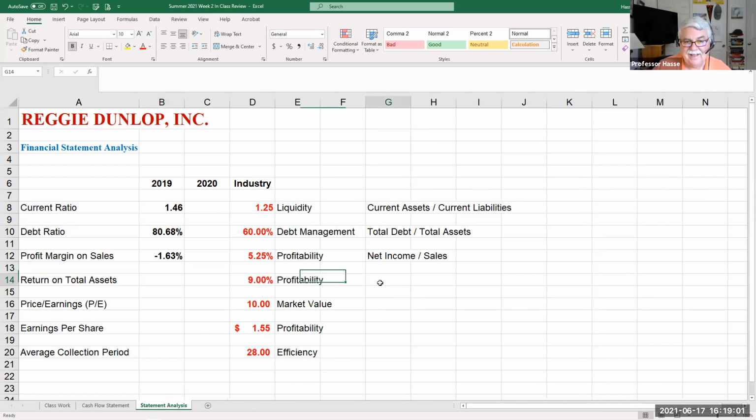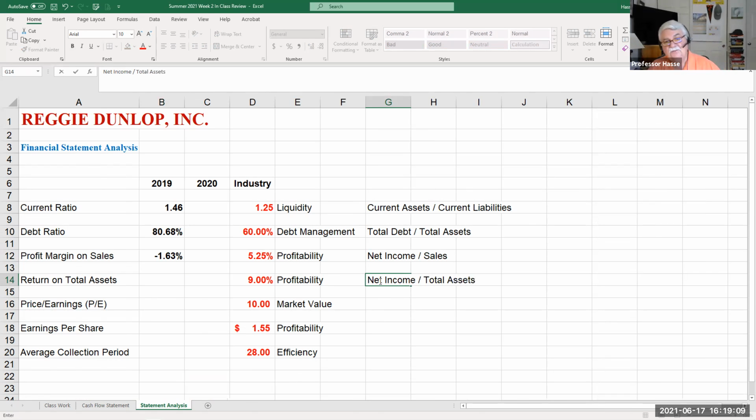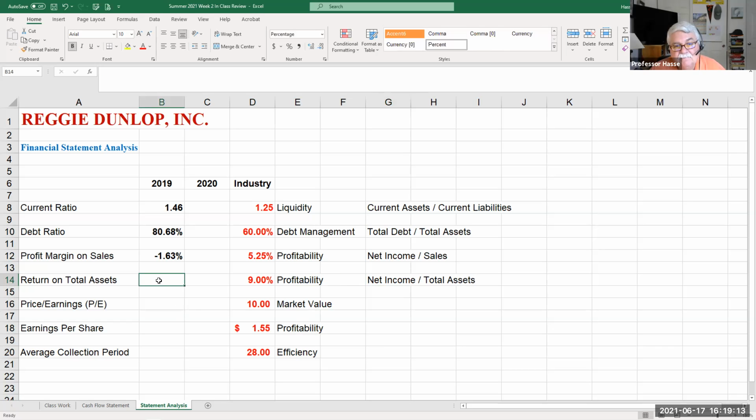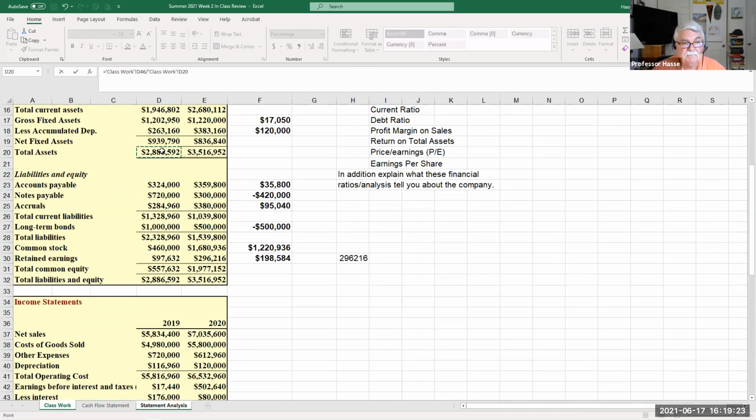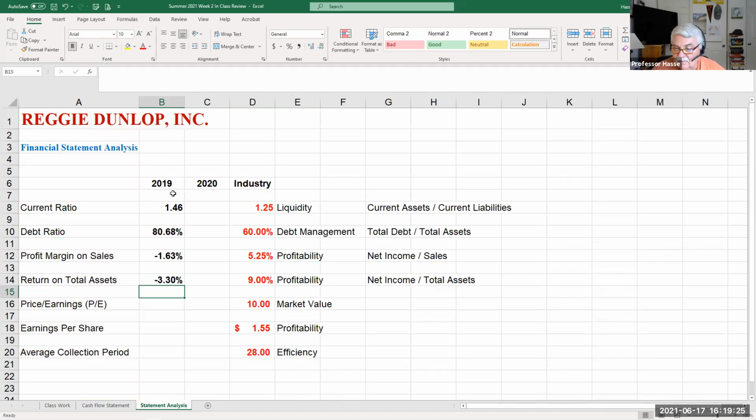Return on total assets is net income divided by total assets. The relationship of profits to the asset base of the company. In 2019, that would be net income divided by the assets of the company, negative 3.3%.